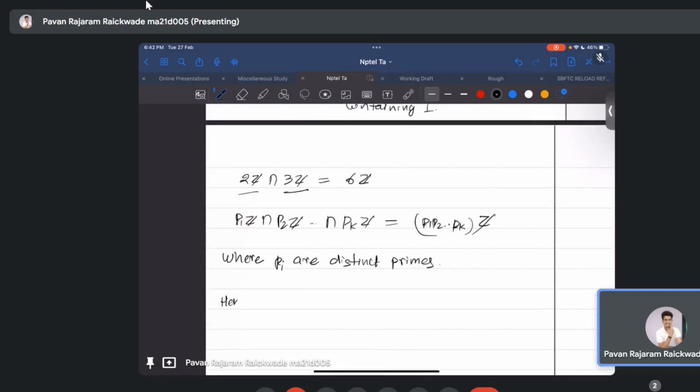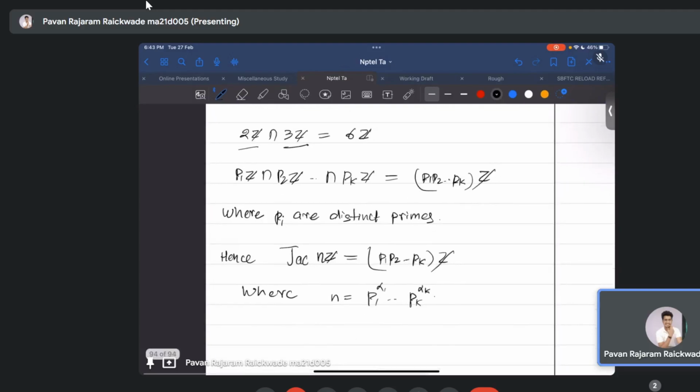Hence, Jac(nZ) is p1 p2 up to pk Z, where the prime factorization of n is like this. That's all. So I can find the intersection of all maximal ideals containing nZ in this way.